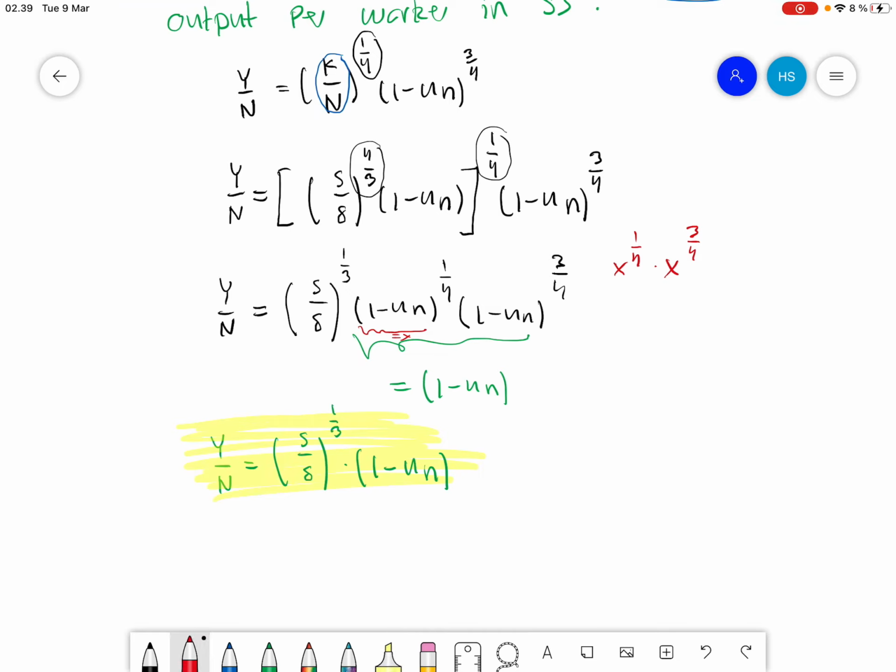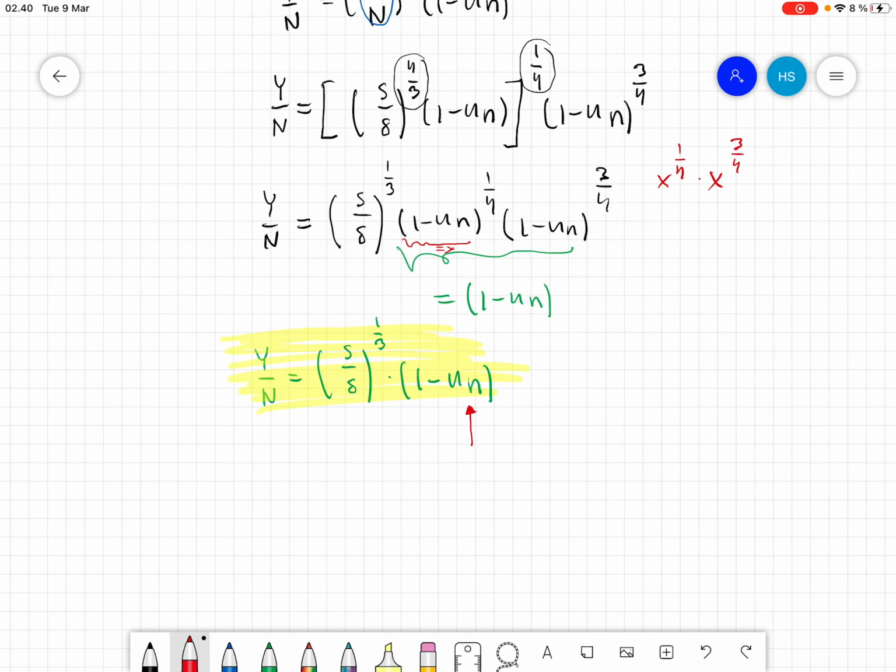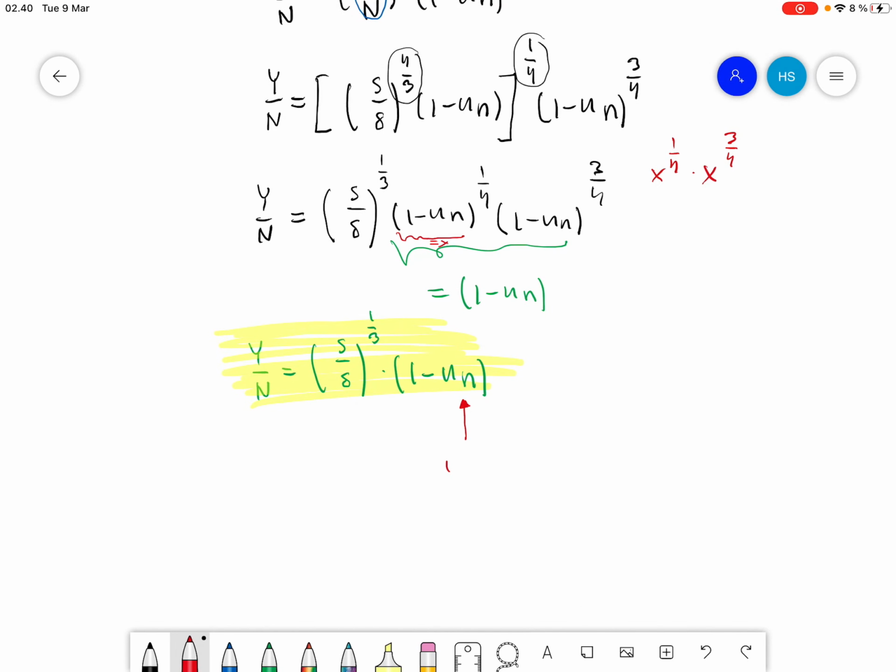As the natural rate of unemployment increases, we will have fewer workers and therefore fewer people to generate any production and income. And as a result, output and production per worker will therefore decrease. This is very intuitive.